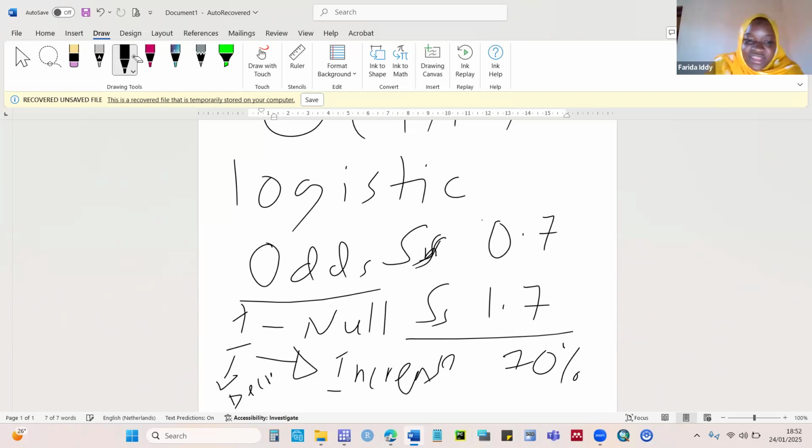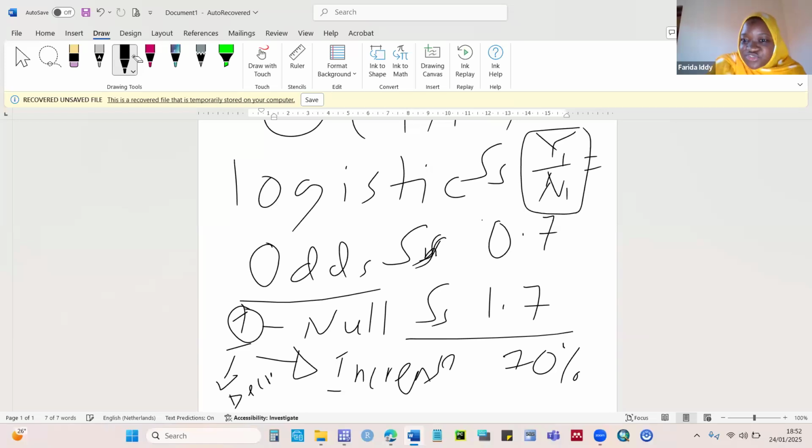Why 1? Because in smoking status we have yes and no, so we are finding the ratio of having the disease between the two. If they are equal, the ratio will just be 1. That's why, if smoking status is 1, we can say there is no association between smoking status and disease status.